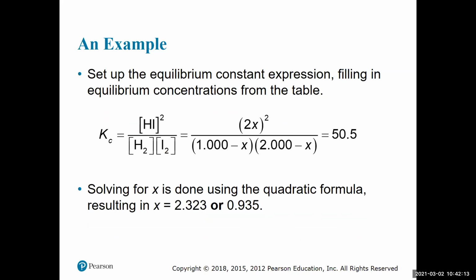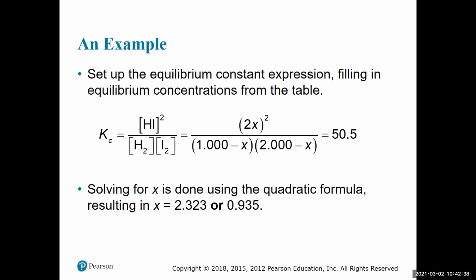Okay, as I said, we can set up our equilibrium expression, HI squared divided by H2 and I2. All of those are molar concentrations. That's our equilibrium expression, products over reactants, things raised to whatever coefficient is in front of it in that balanced equation. And then we plug in those numbers from our table.